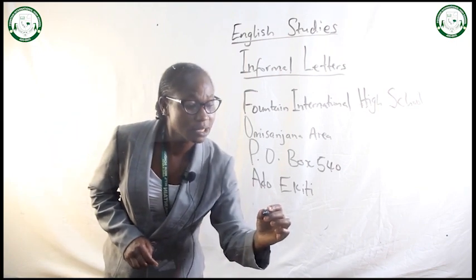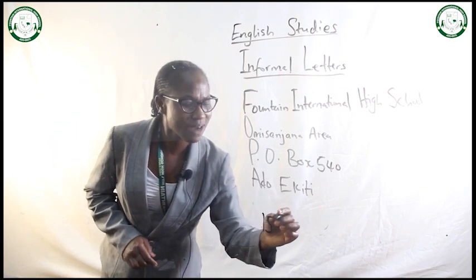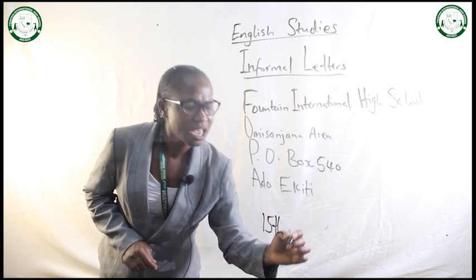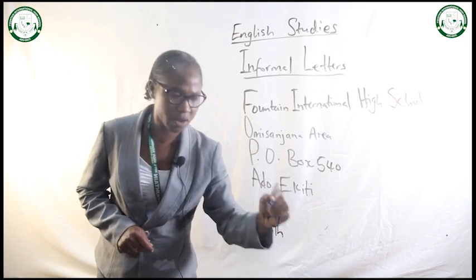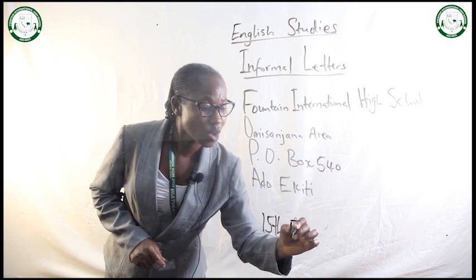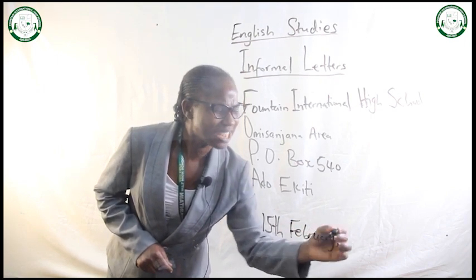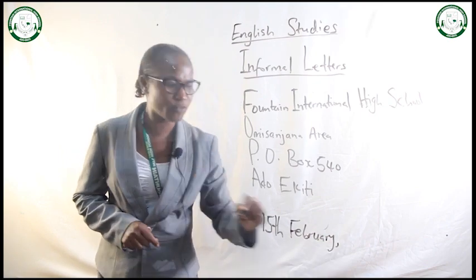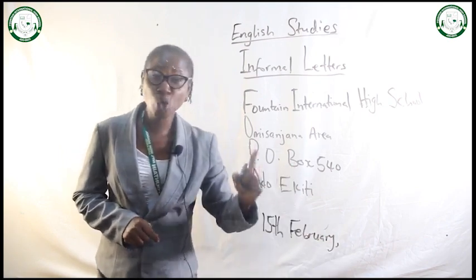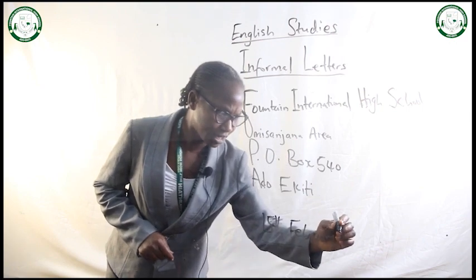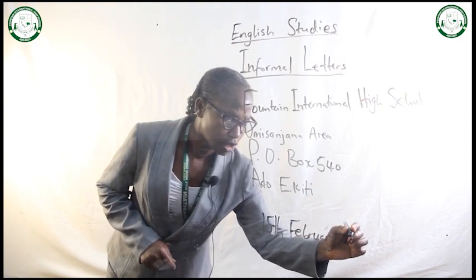Today's date is 15. Whenever you're writing the date, you make sure the th is equal length with the figure. 15th February, your F in the uppercase form. And there is a compulsory comma after the name of the month. Without that comma, you will be penalized. Half a mark will be deducted from your score, 2021.